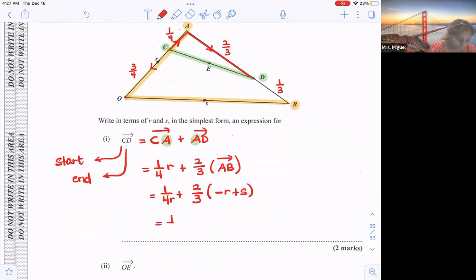So a quarter R minus 2/3 R plus 2/3 S. So work out for me a quarter minus 2/3. How much is that?